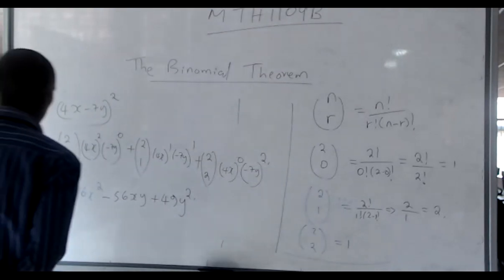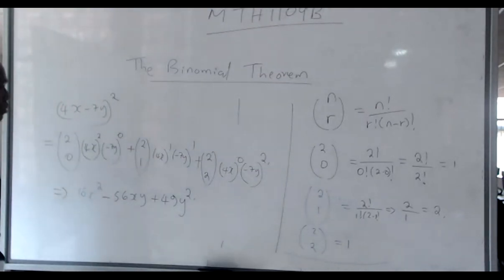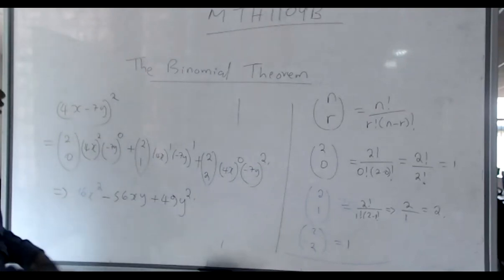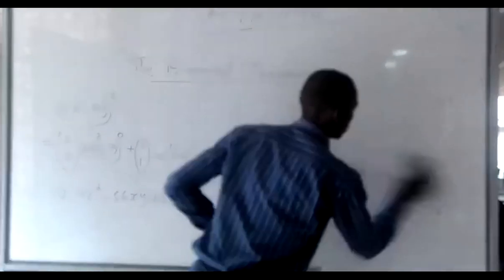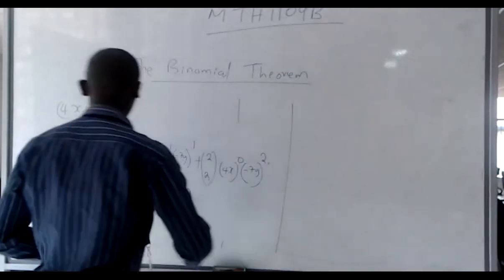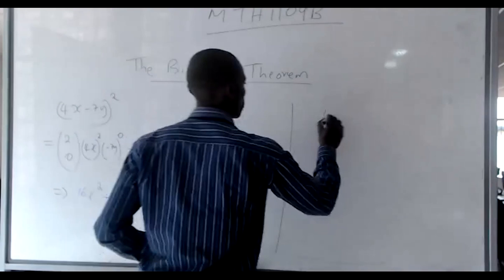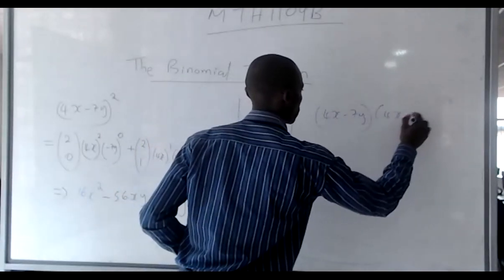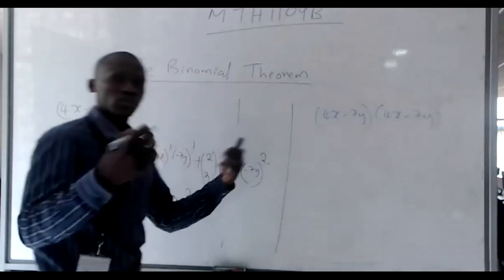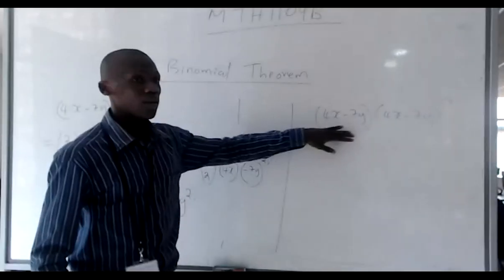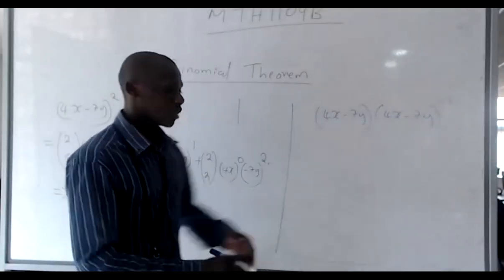Just to say, binomial theorem. And because 2 is a small number, we can expand this and check if it is really this. Let me expand. So (4x − 7y) times (4x − 7y). That is what it means for something squared. So take all the terms in the first bracket and use them to multiply all the terms in the second bracket.